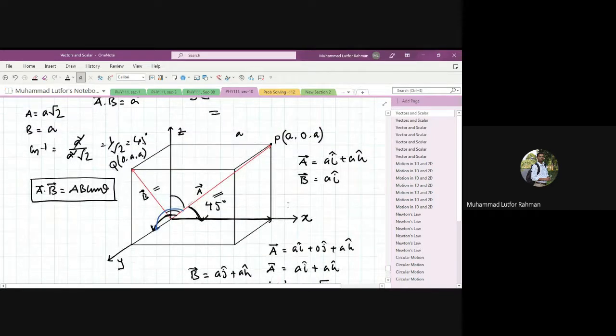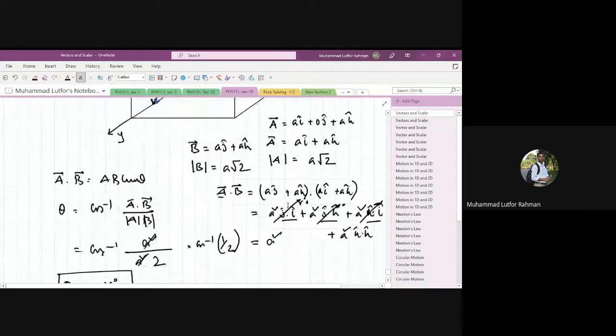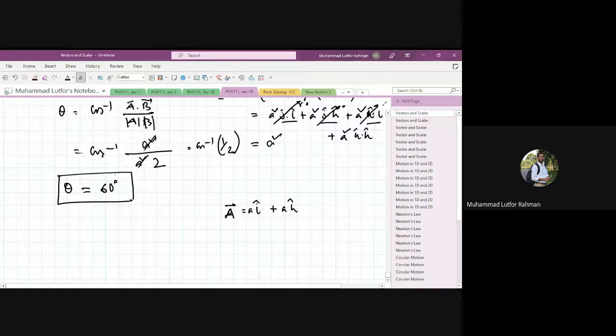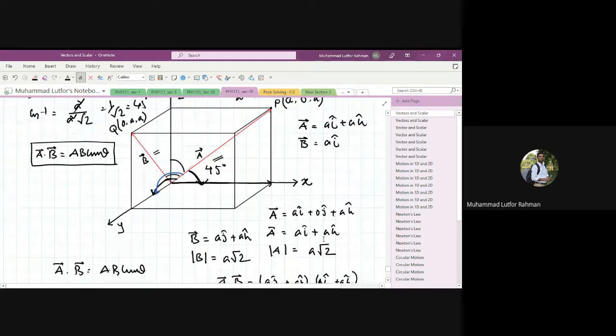A i hat plus A k hat, and the other vector, say B, would be along z hat. It's not going to create an angle, because A dot B basically is going to be 0, right? Yes, sir, it's going to be 0.